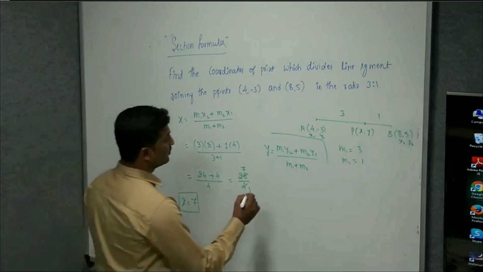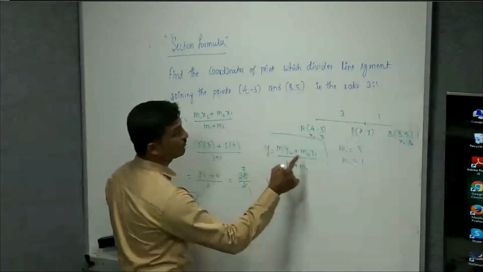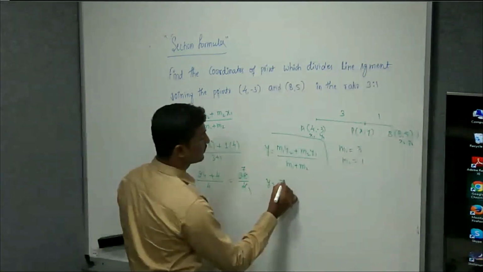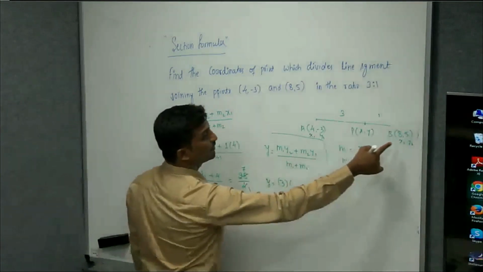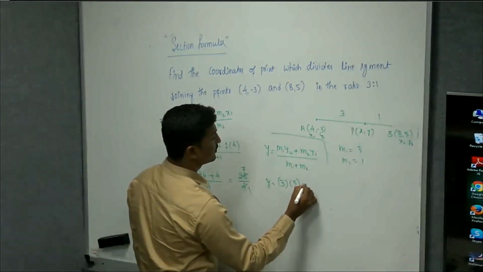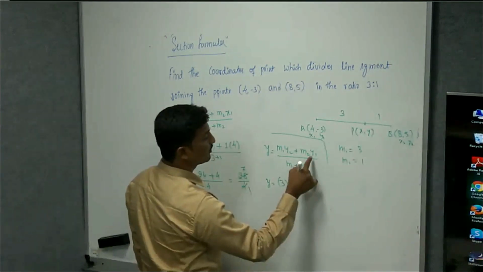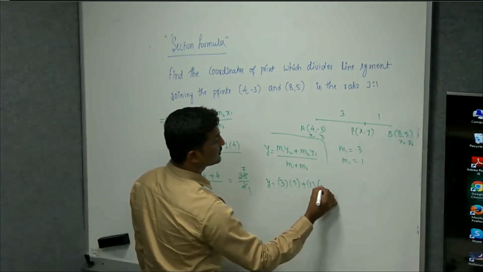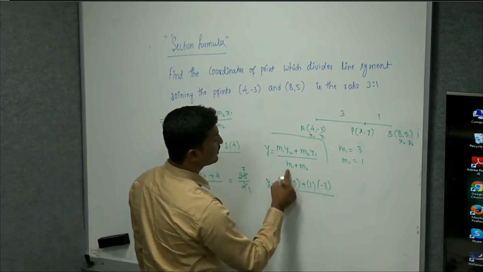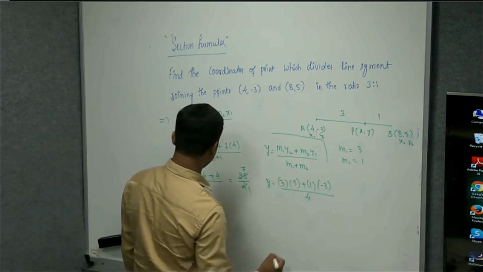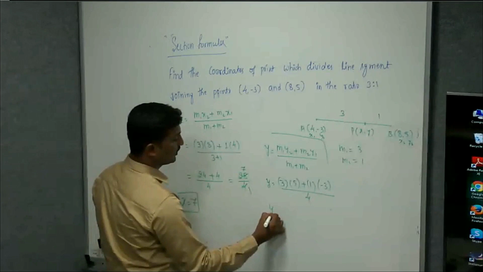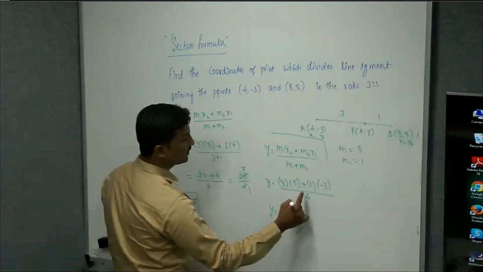Okay, now substitute the values. y equals, what is m1? 3 into y2, which is 5, plus m2, which is 1, into y1, that is minus 3, divided by m1 plus m2, that is 4. y equals 3 fives are 15.